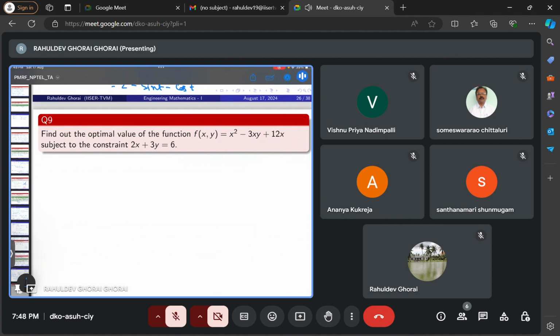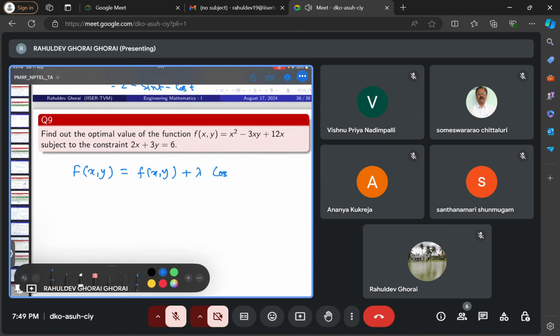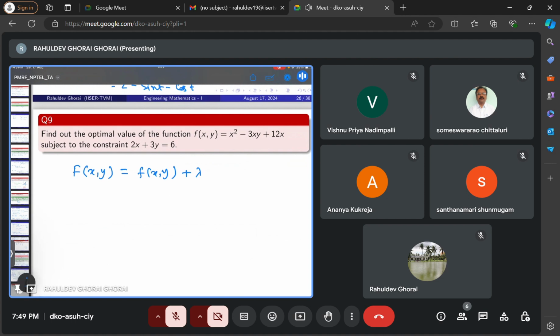What is the Lagrange multiplier method? If you want to find out the optimal value of a function, and a given relation of x and y is there, which is called a constraint, then you take another function F, written as f of x, y plus lambda times the constraint.